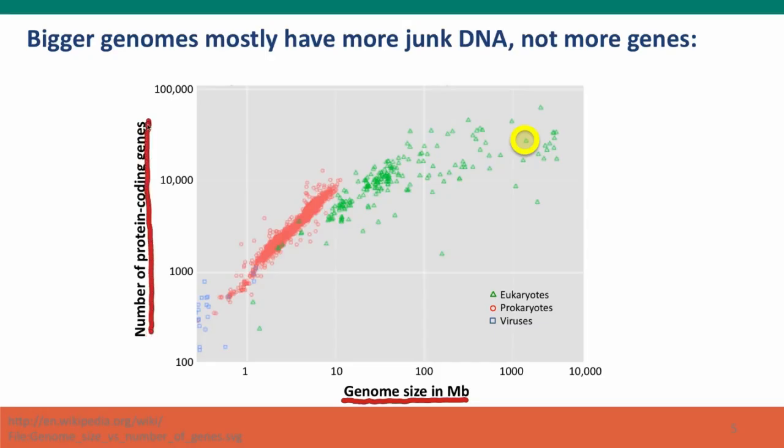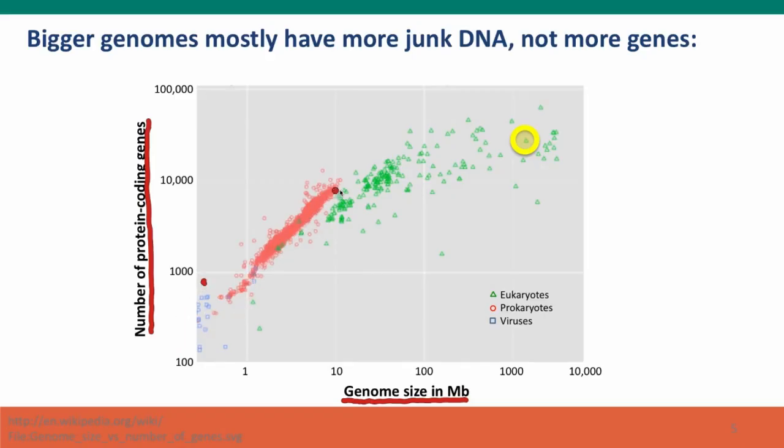Now, we talked about RNA's a function of genes, but almost all genes in organisms are protein-coding genes. And what we see is that viruses have very small genomes. Most viruses, a few viruses are very large, but most have very small genomes, but they manage to squeeze in quite a lot of genes, like up here, for instance.